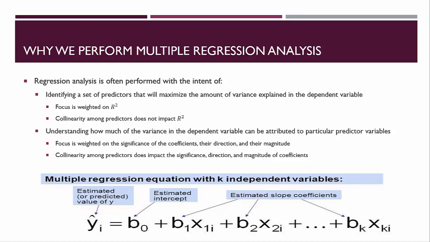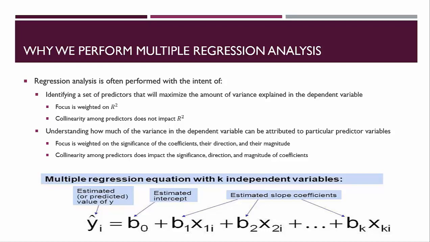The second reason we perform multiple regression analysis is because we're interested in understanding how much of the variance in the dependent variable can be attributed to a particular predictor variable. This is very important. When we're focused on that, we key in on the significance of the coefficients, their direction, and the magnitude.